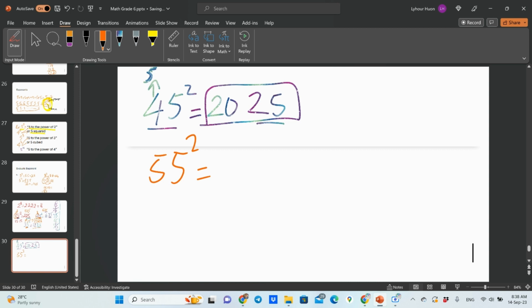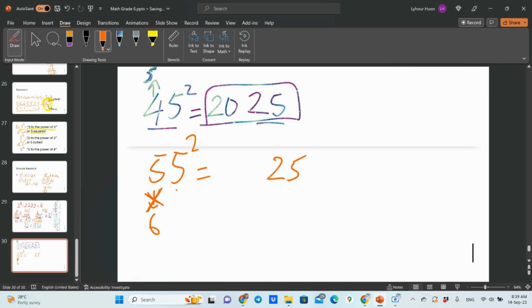But for me, I want my students to give the answer immediately. So we know that when a number ending with 5 is squared, the result ends with 25. Now you just multiply the first number by the bigger number, by one more than it.